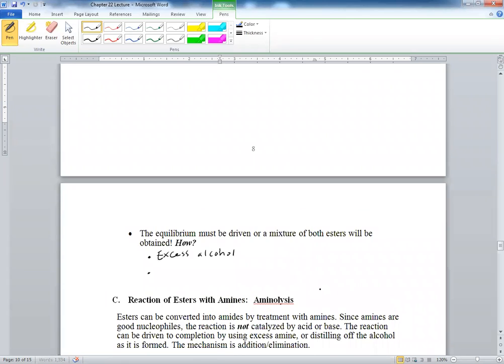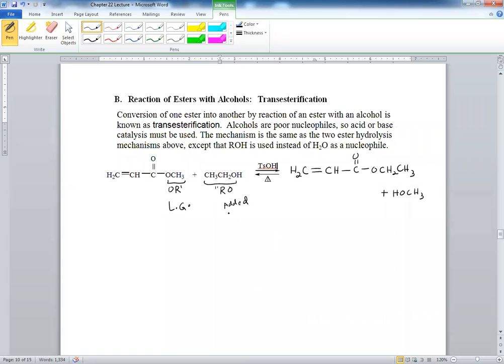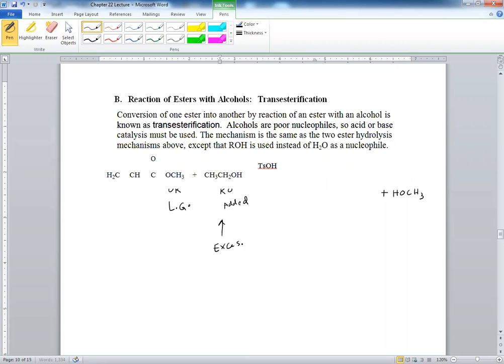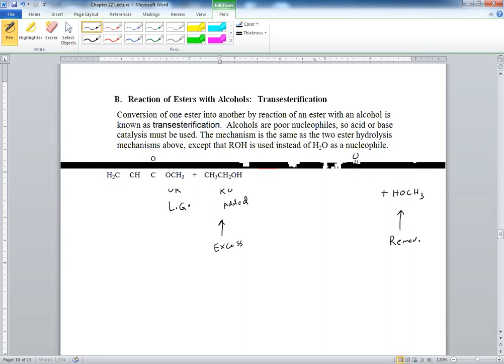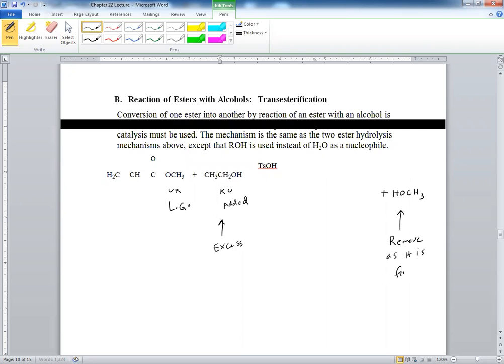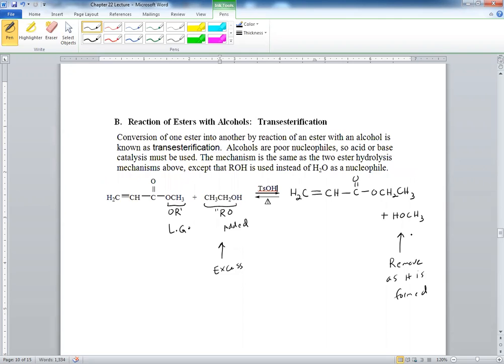So to drive the reaction, you add excess of this. And now what is the other one? What do you think is the other one, as we did before? You start removing this. Remove the alcohol product as it is formed.